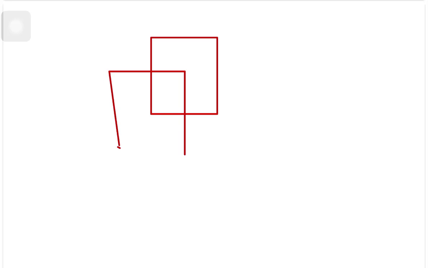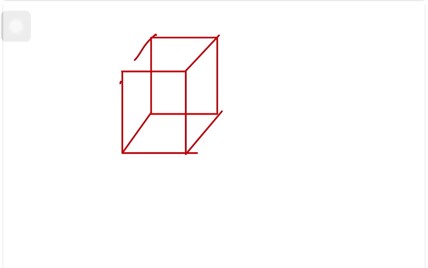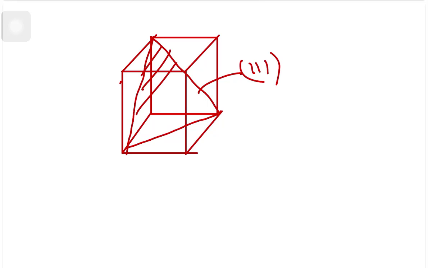Now to understand this, let us suppose you have an FCC unit cell. This is a unit cell of FCC. The most densely packed plane for FCC is generally the 111 plane. This is a 111 plane, right?